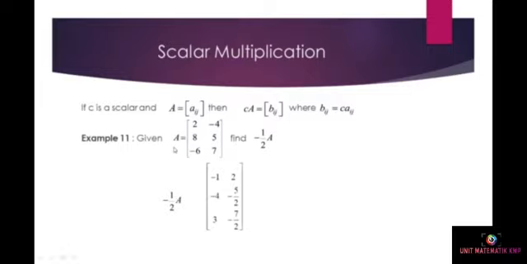Given A equal 2, negative 4, 8, 5, negative 6, 7, find negative 1/2 A. So negative 1/2 A equals 2 times negative 1/2, we get negative 1. Negative 4 times negative 1/2, we get 2, and so on.